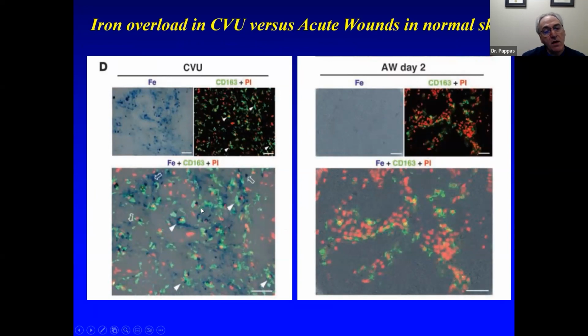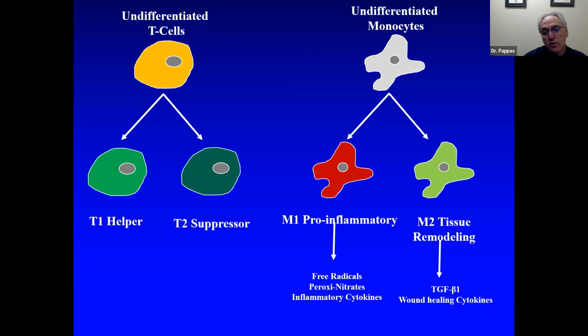And then finally, on this bottom left-hand panel, they looked at the two together, and what you can see is that activated macrophages and iron are much, much higher in the venous ulcer patients than in the pressure ulcer patients. So then this group came up with the hypothesis that there are two distinct phenotypes for macrophages.